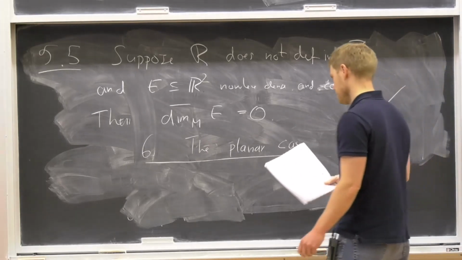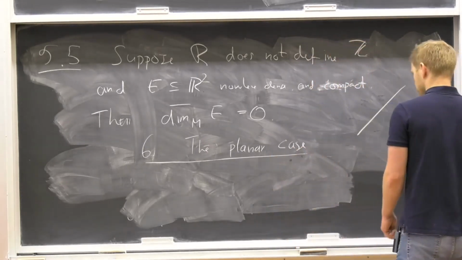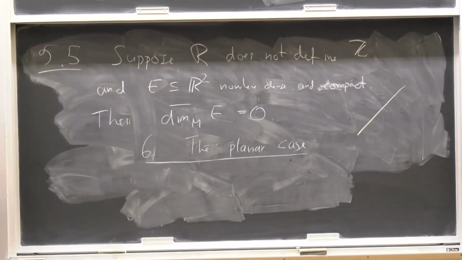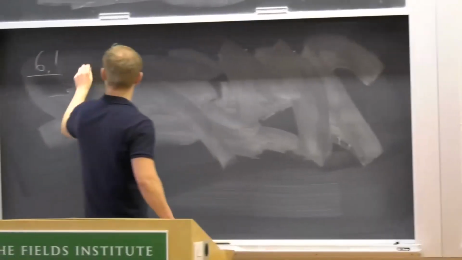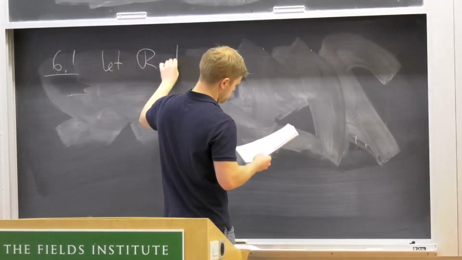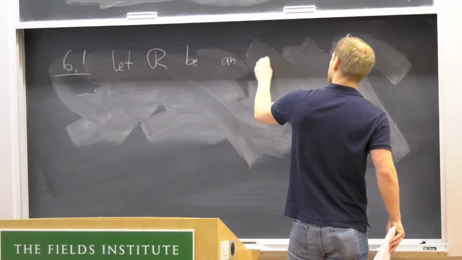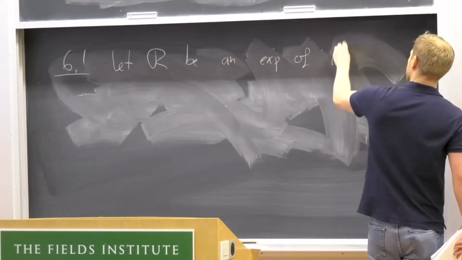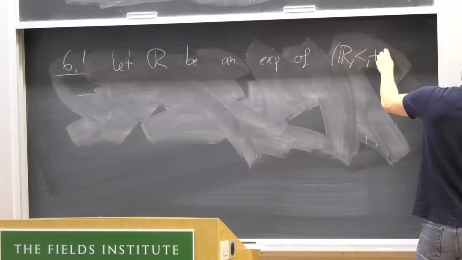So maybe let me start. Okay, so the higher dimensional analog, and now I will just do it in R2, is the following. So again, I state the theorem, and it will take me some time to prove it. Let R be an expansion, and I'm going to fix this essentially throughout this chapter.